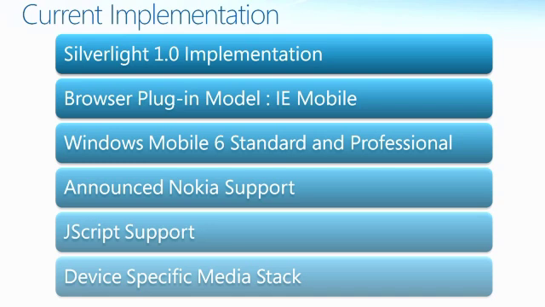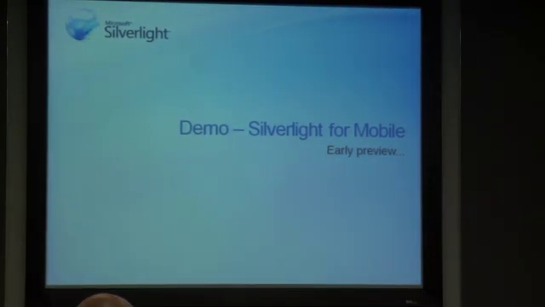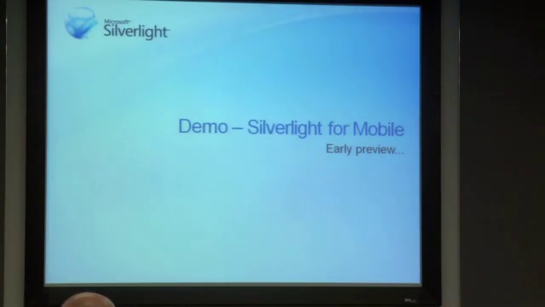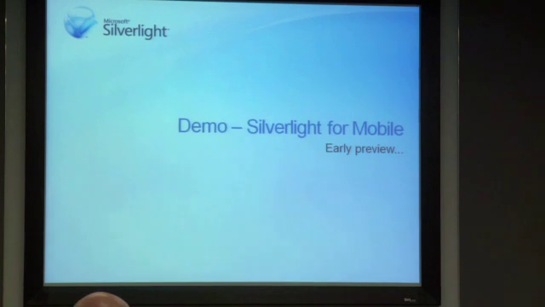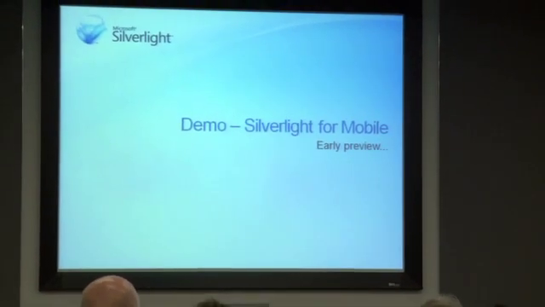I thought it was more interesting to show you here a demo. So I have a Pocket PC here. This is my Pocket PC running Windows Mobile 6. No, it's 6. This is from Samsung, and I don't think there is even a 6.1 ROM for this Pocket PC.